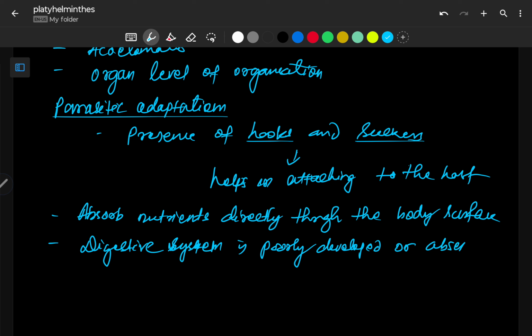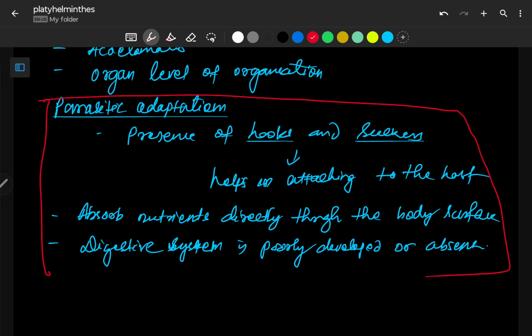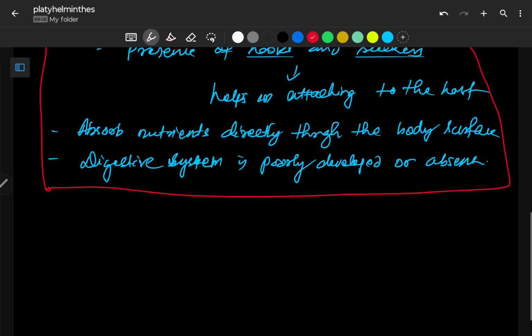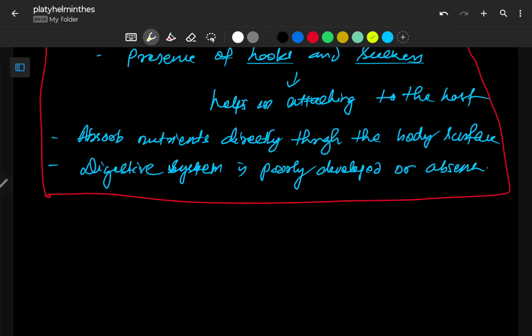In some cases it may be absent. So these are the parasitic adaptations. Okay, very very important.